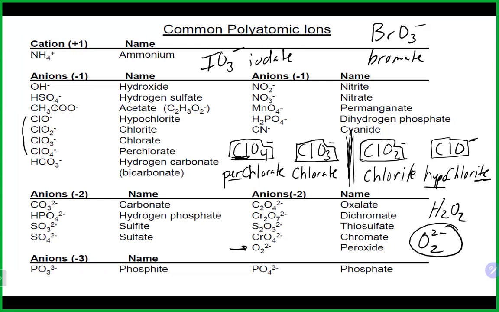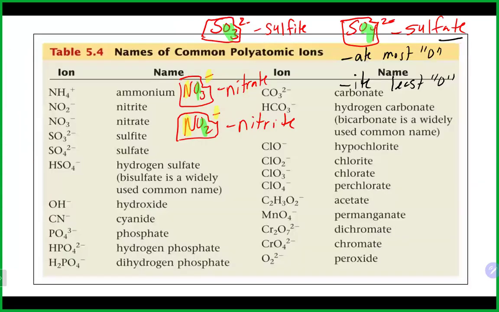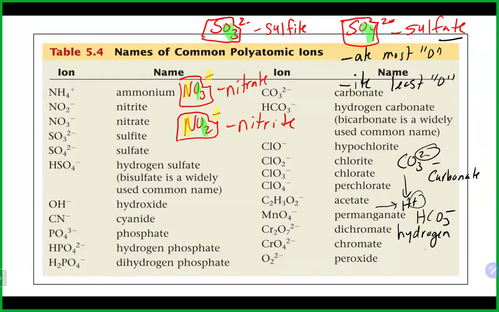Now, there's a few other things that you'll see on this chart. If you take CO3 2 minus, that is carbonate. And if you add an H plus to it, it becomes HCO3 minus. We added an H plus 1 and minus 2 equals a minus 1 charge. What we did is add a hydrogen to it, and that is known as hydrogen carbonate.